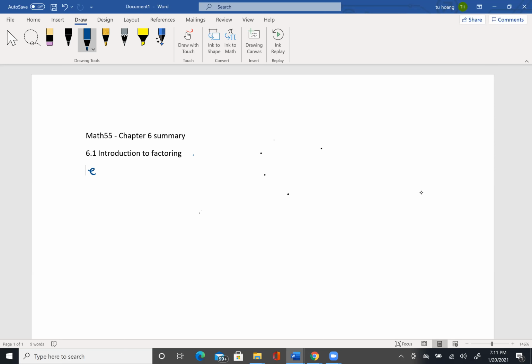So let's do an example. You will try to factor x to the power 4 plus 8x squared. Okay.